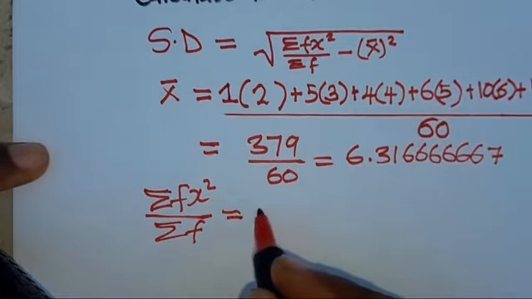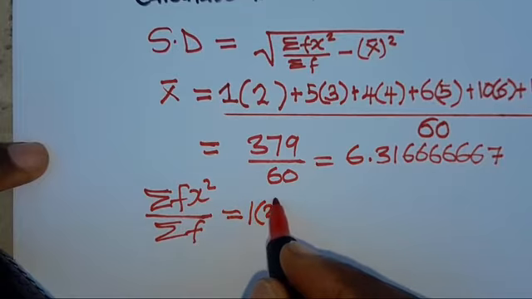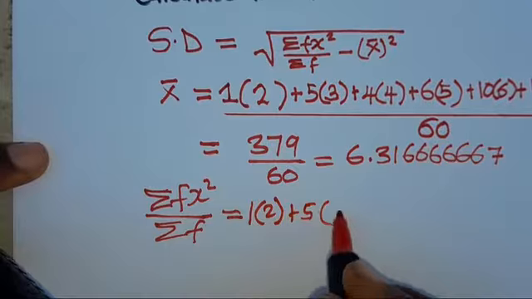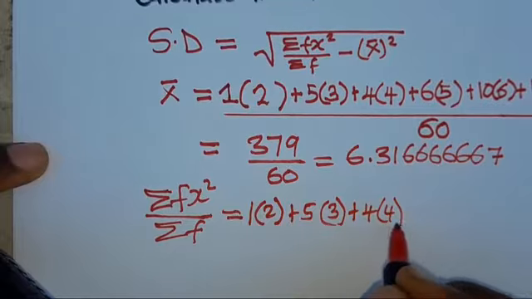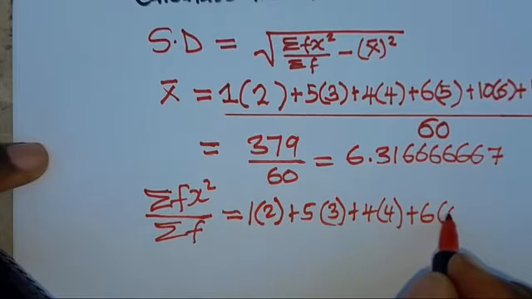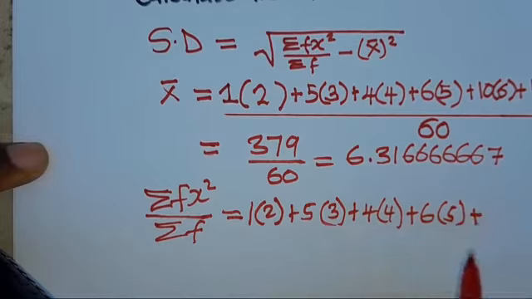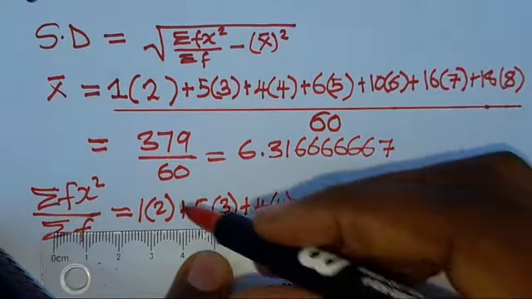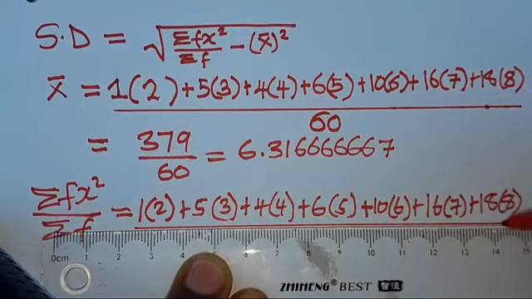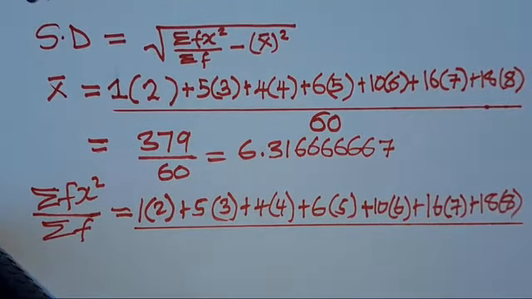So we have 1(2) plus 5(3) plus 4(4) plus 6(5) plus 10(6) plus 16(7) plus 18(8). Remember, everything is being divided by the number of observations, or the number of trees, which is 60.